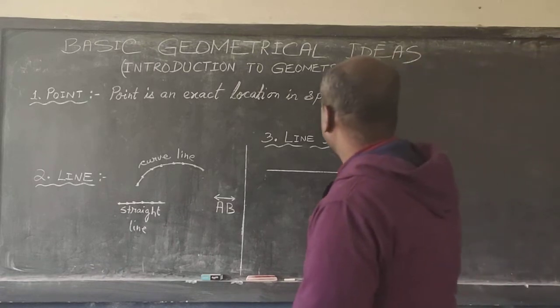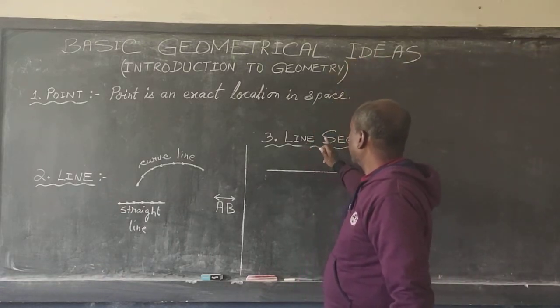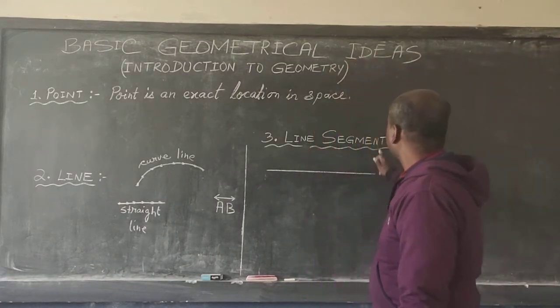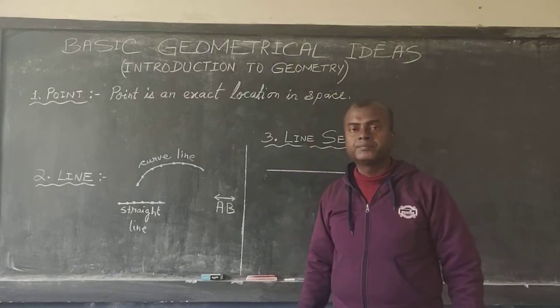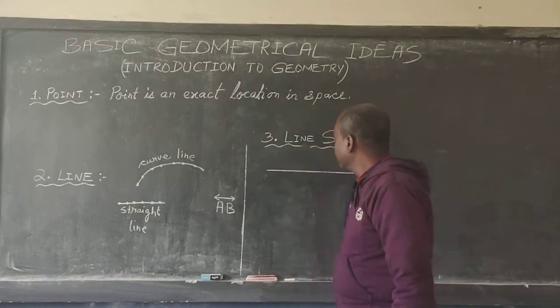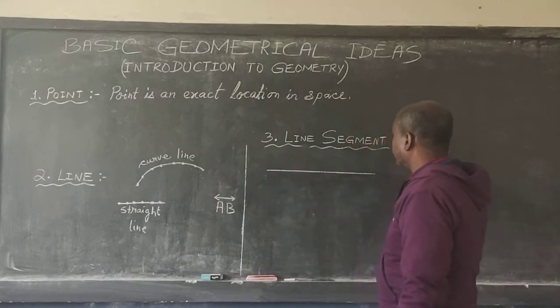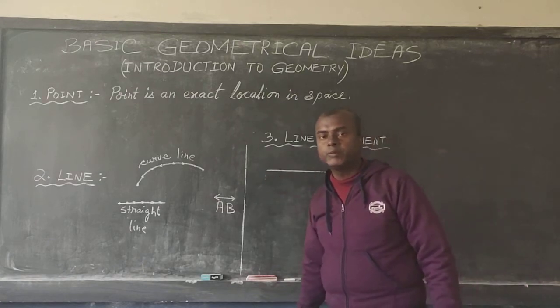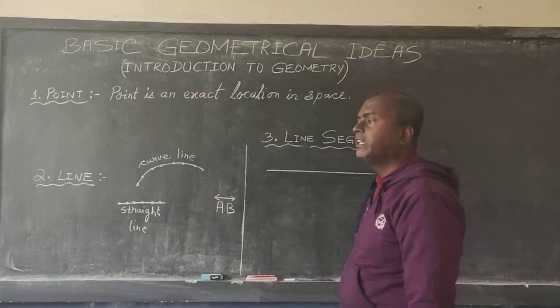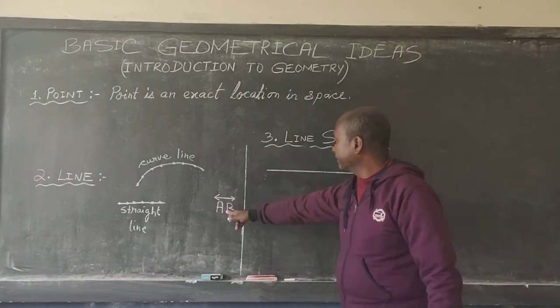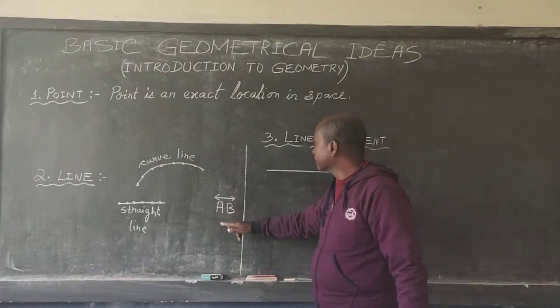The next topic that we are going to discuss over here is a line segment. Segment means a piece, a small piece. Now here I have drawn a line. Remember, a line has no specific starting point and no specific ending point. And a line is represented by this notation.